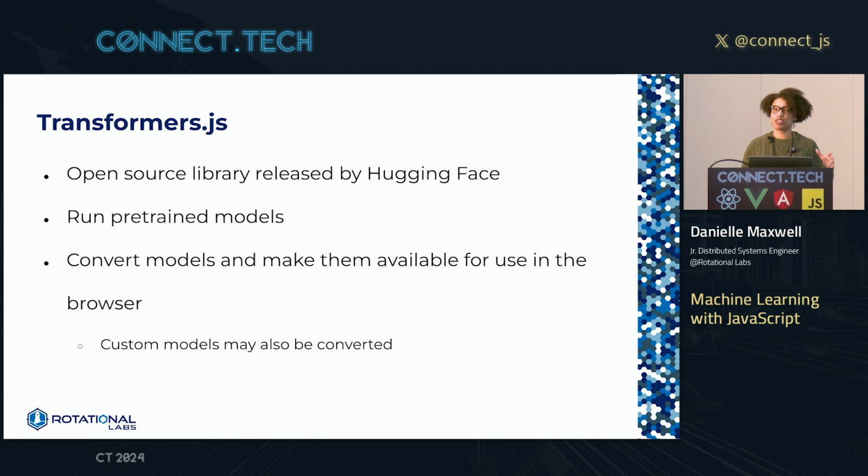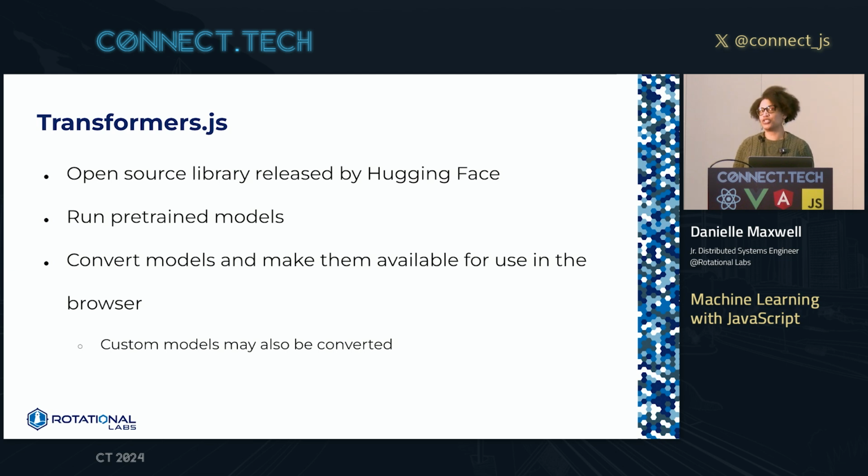Another thing that can be done with Transformers.js is that you can convert models and then use them in the browser, including custom models. They have this Transformers library in Python, where a lot of models get built using the PyTorch library. That tends to be the norm there. Those models then get converted to be used with JavaScript.